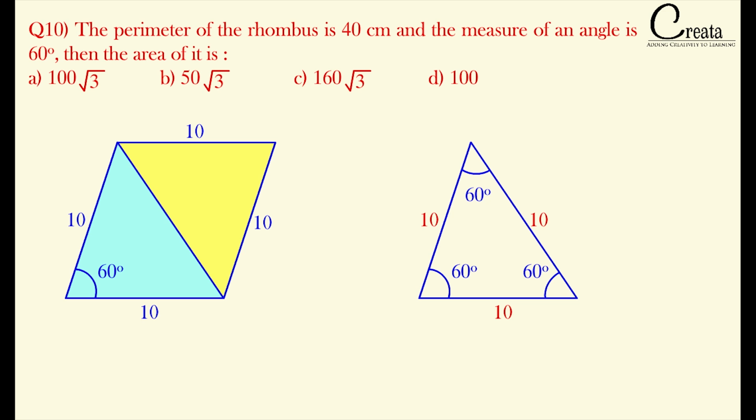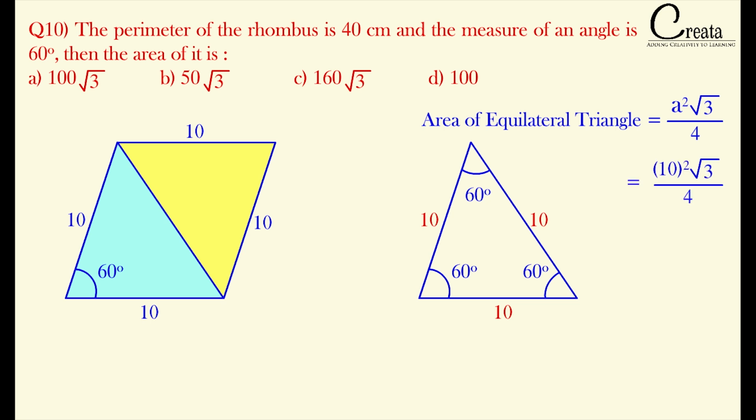Moving further, we know area of a equilateral triangle is equal to root 3 by 4 a square. Here a is the side of an equilateral triangle. So let's calculate the area of this equilateral triangle. We know the side A is equal to 10 centimeter. On putting the value, we got area of this equilateral triangle as 25 root 3.